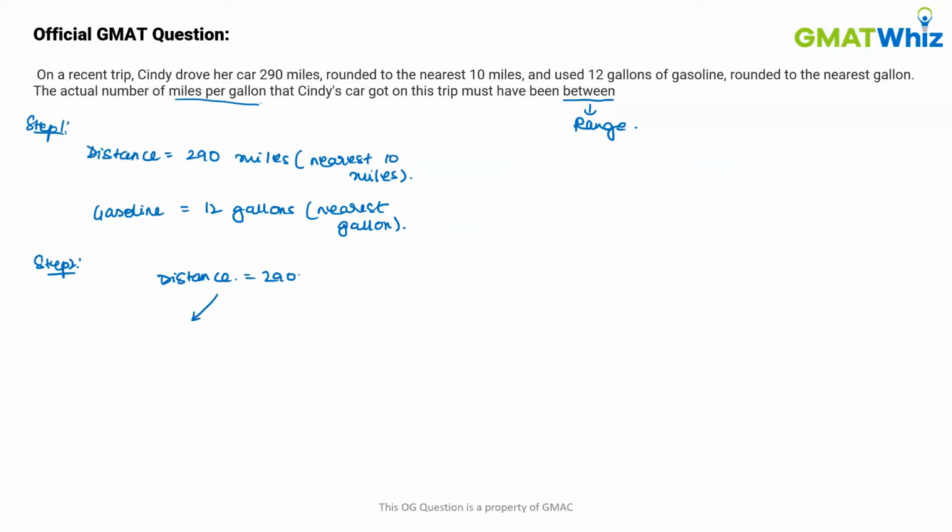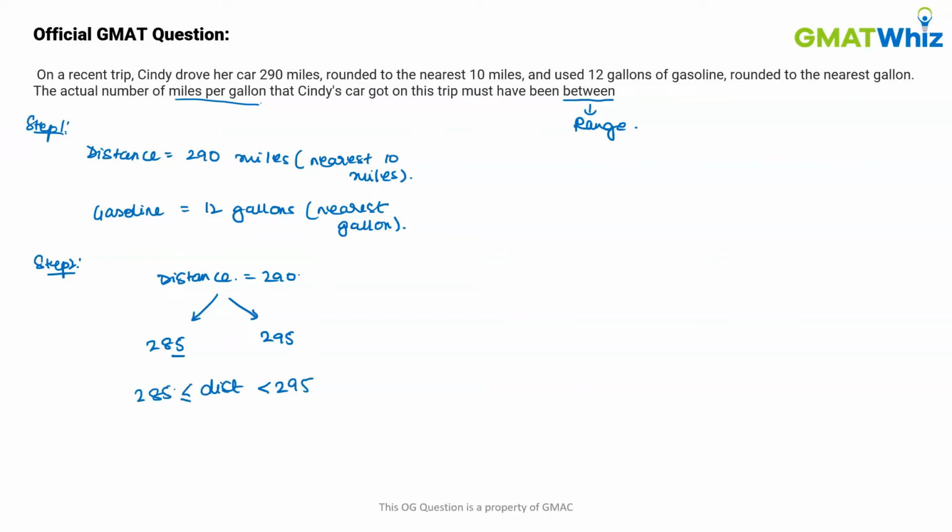So either the lowest value could be 285, so the units digit is 5 such that we add 1 to the tens place and get 290, or we can get 295. Now this 295 is not inclusive. So we will be writing distance strictly less than 295, but greater than or equal to 285.